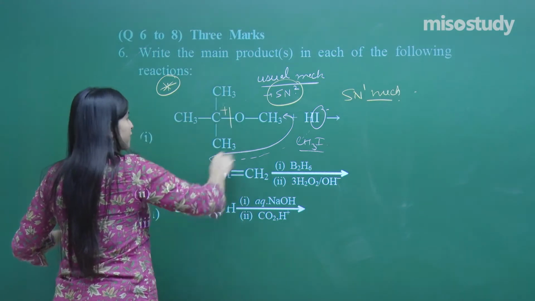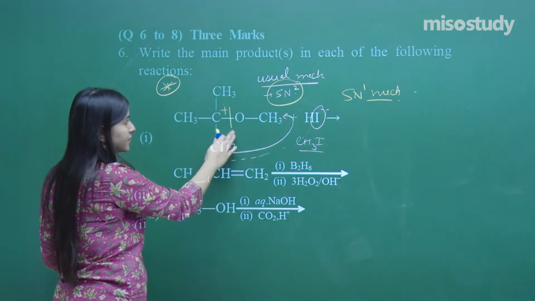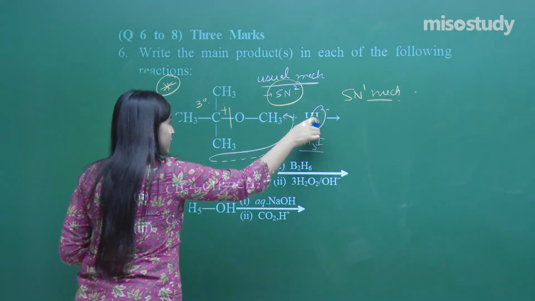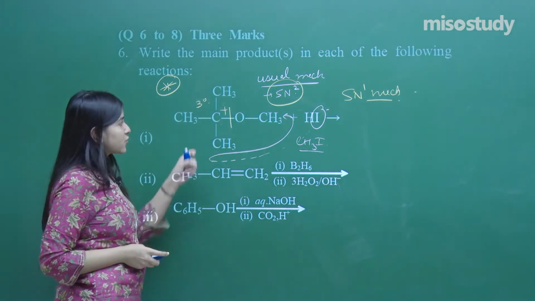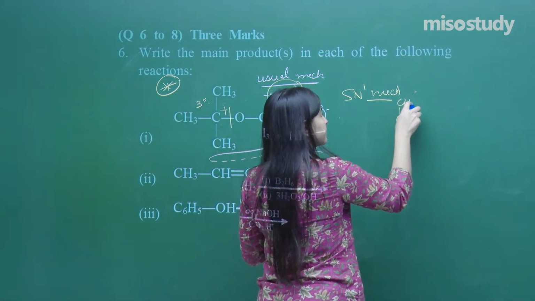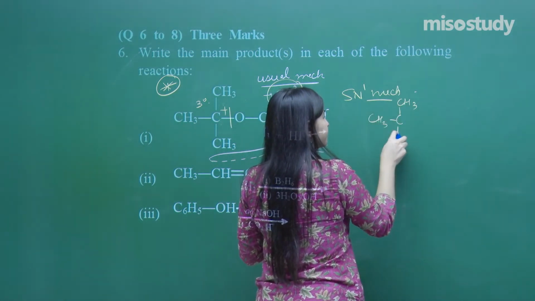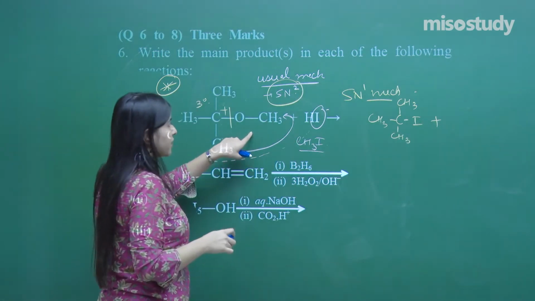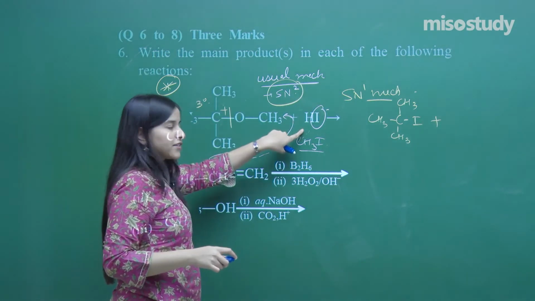Since I have got this breakage here, a positive charge will be developed here. This is a tertiary carbocation, and thereby I negative is definitely going to attach to this side, and I get this as the product: tertiary butyl iodide plus the remaining one, CH3OH.